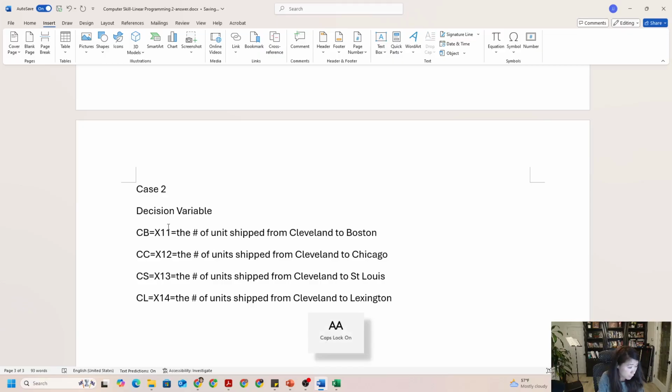Now BB is X21. This is Bradford, where 2 is the origin and 1 is the destination, so that is the number of units shipped from Bradford to Boston.